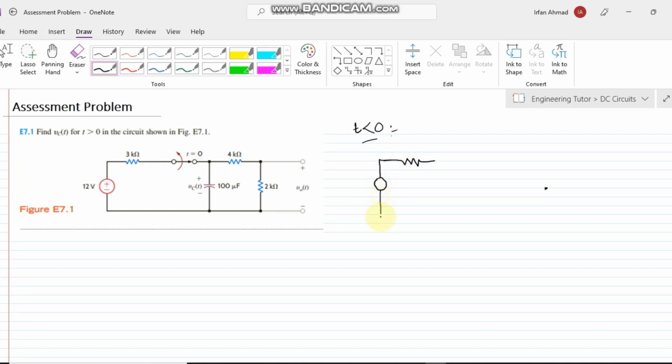So the circuit will be like this one, and as the switch is closed here, it will be like here, and the capacitor here, which is the open circuit.